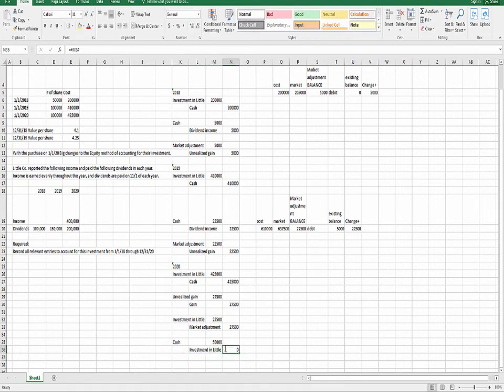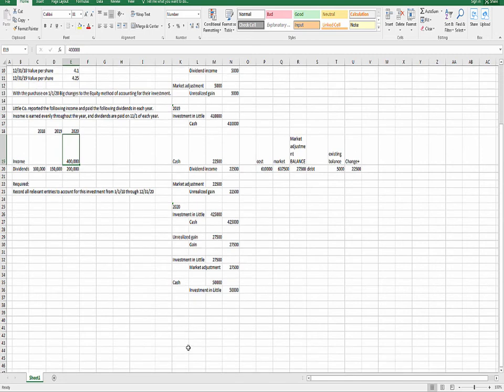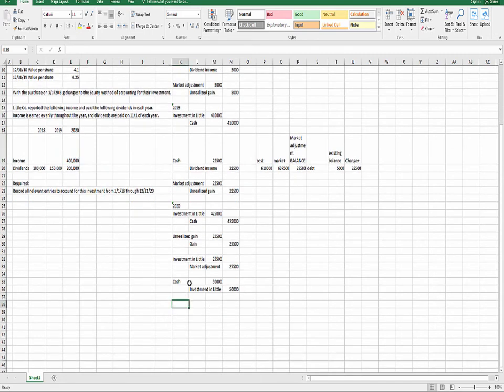And when Little Company reports earnings of $400,000, again, we own 25% of their stock, so we get 25% of that income. So we're going to go ahead and increase our investment by our share, 25% of the reported earnings, and we report that as our investment income.